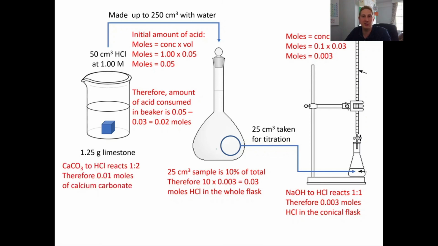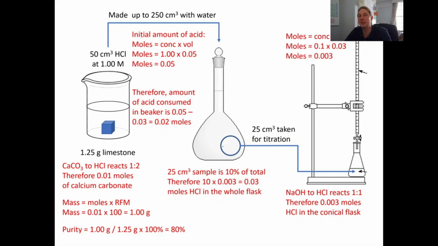From the equation, we know that it's a 1-to-2 ratio, so 0.01 moles of calcium carbonate reacted. The mass of that would have been 1 gram. So we've got 1 gram of calcium carbonate in 1.25 grams of limestone, so the purity is 80%.